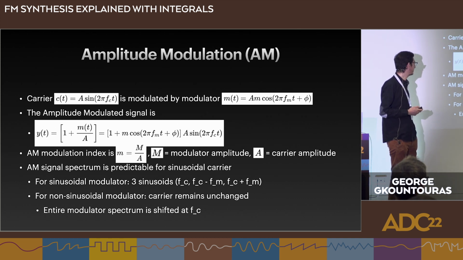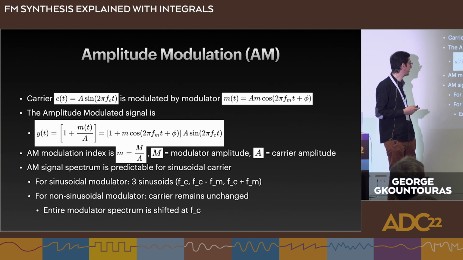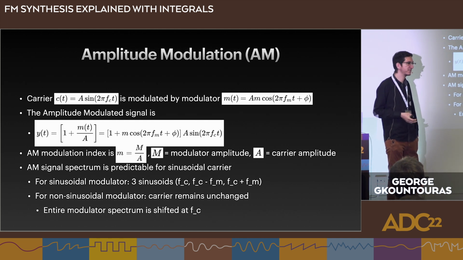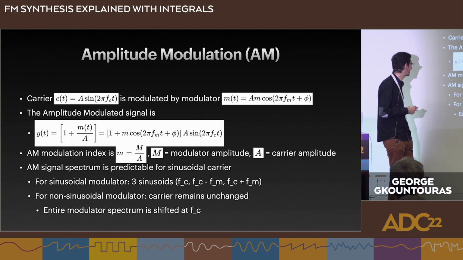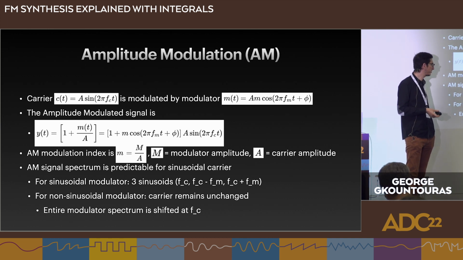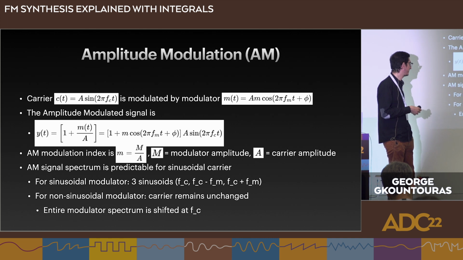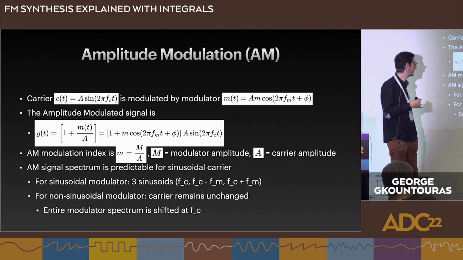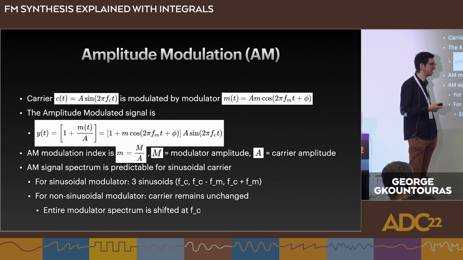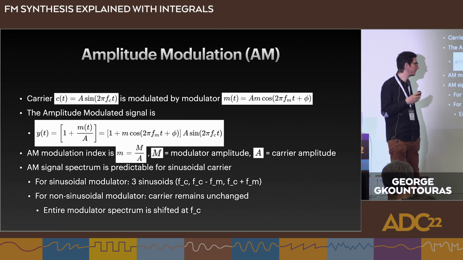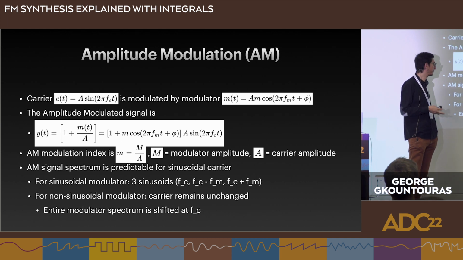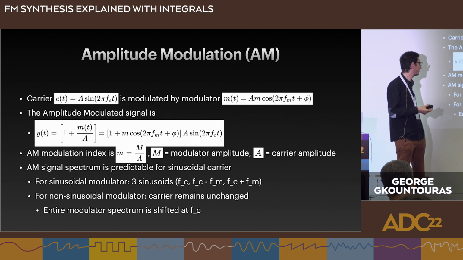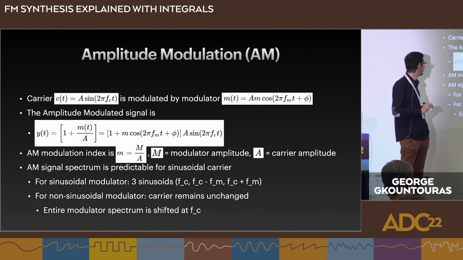And we can also see that the spectrum of the signal is predictable if we have a sine as a carrier. If the modulator is also a sine, then we get the sidebands. So the frequency is repeated at an offset of the center frequency plus the modulating frequency, and the same frequency minus the modulating frequency.